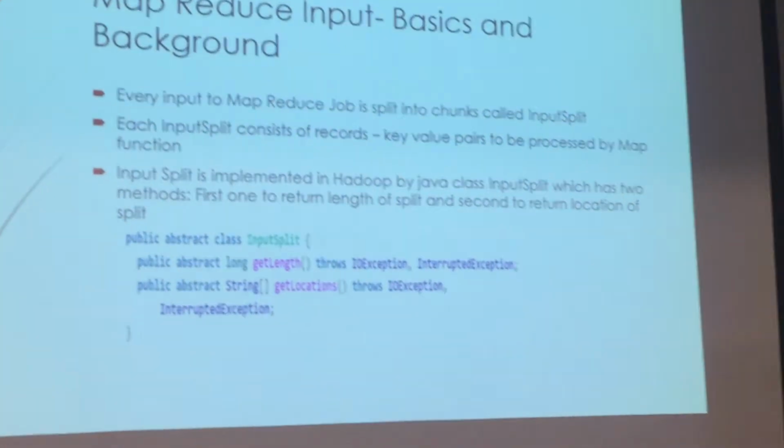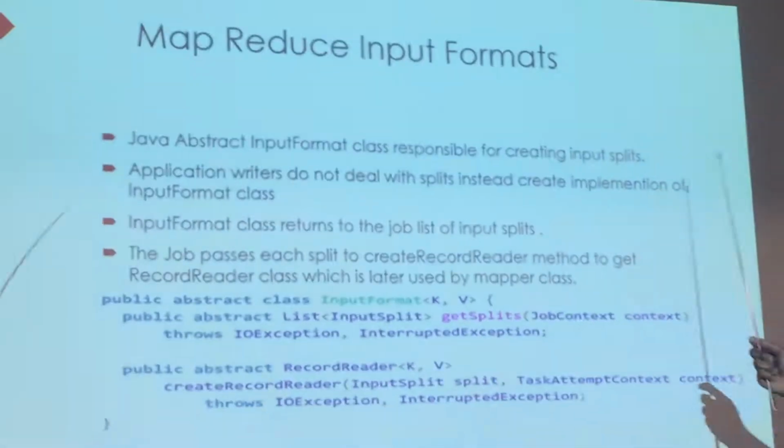The input split is automatically run in the Java system. So the input split is not something that you point at. To point at where you want your input split to take place, you use your input format.